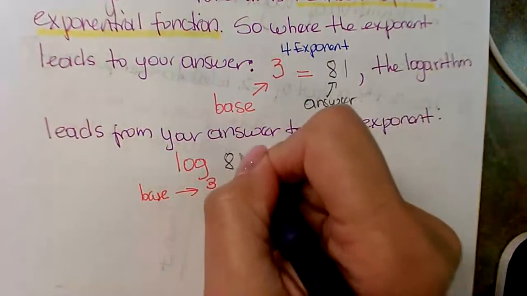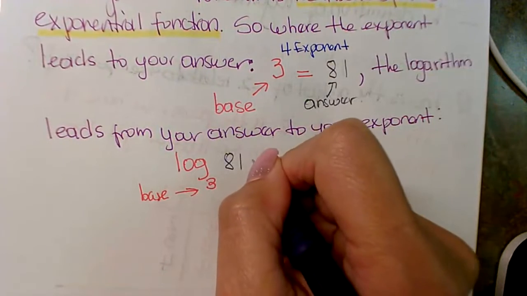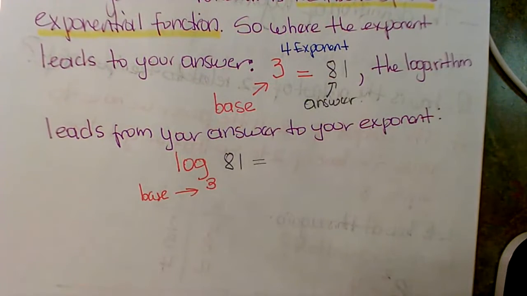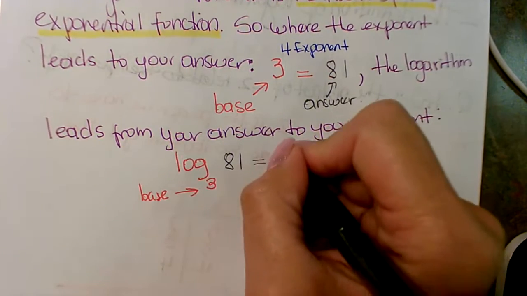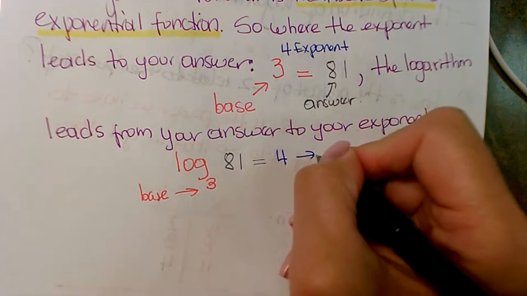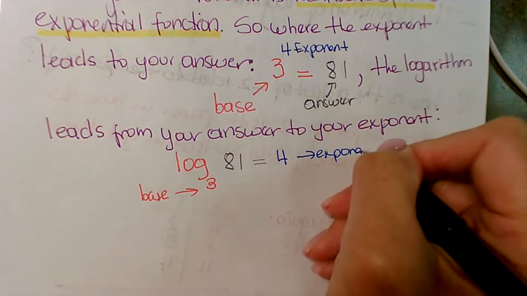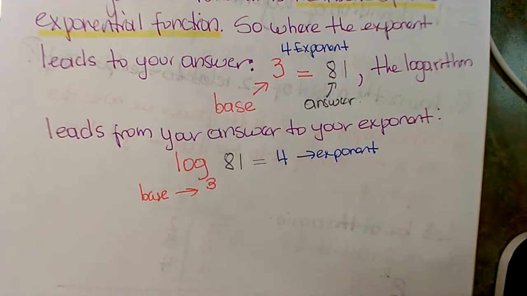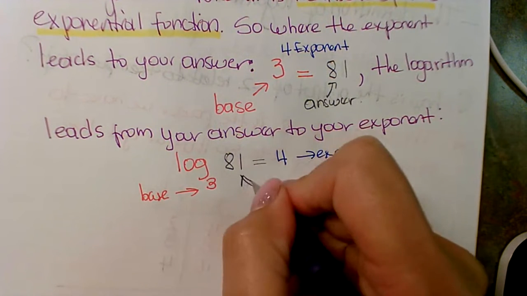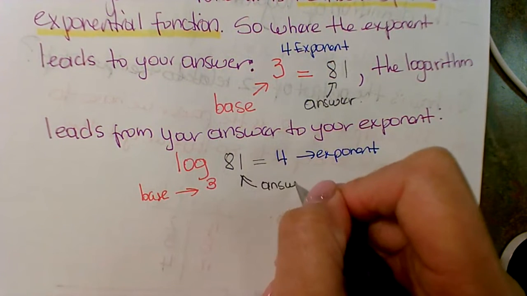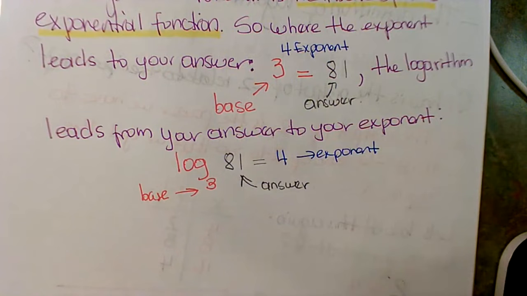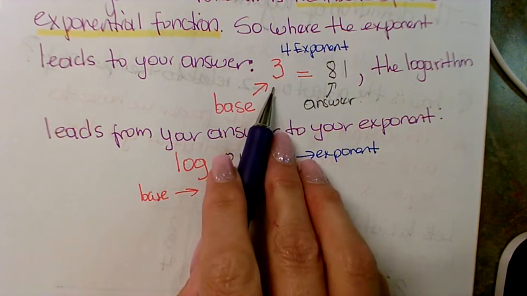Of 81 is equal to your exponent, which is 4. So we're using the base.